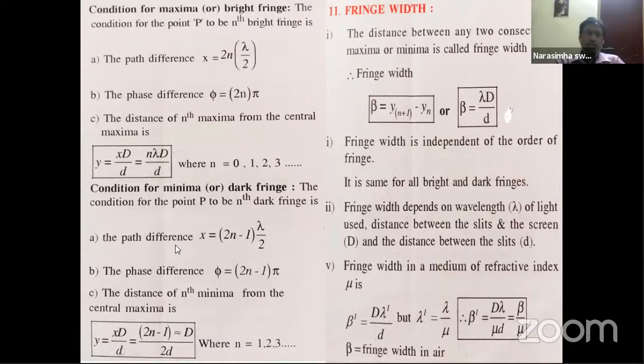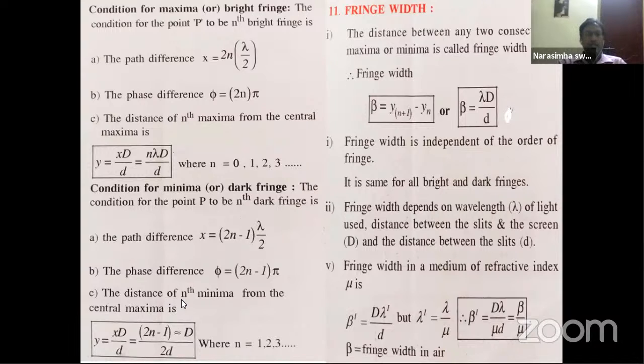The condition for point P to be the nth dark fringe is that the path difference x is equal to (2n minus 1) lambda by 2. The phase difference is (2n minus 1) pi. Have you observed these two things? The path difference for the bright one and the path difference for the dark one. Okay, so now these are the formulae.